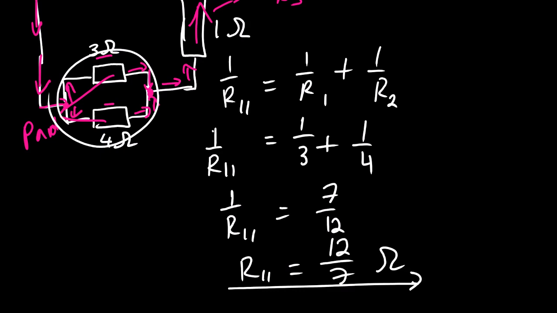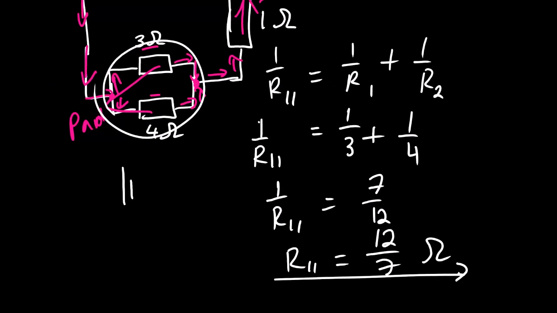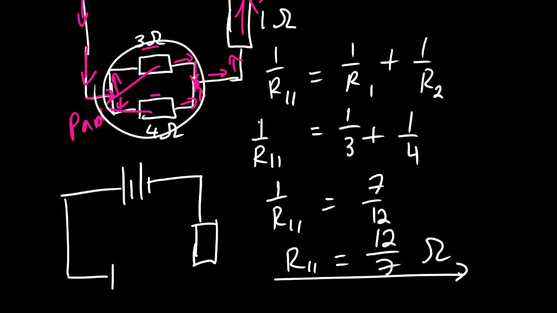And then from here, redrawing this, we are going to have something like this. So this will be 12 over 7, and then this will be 1 ohms.